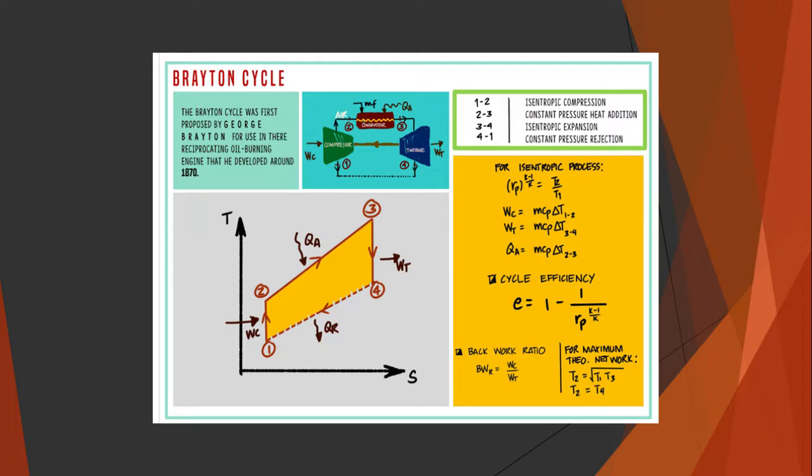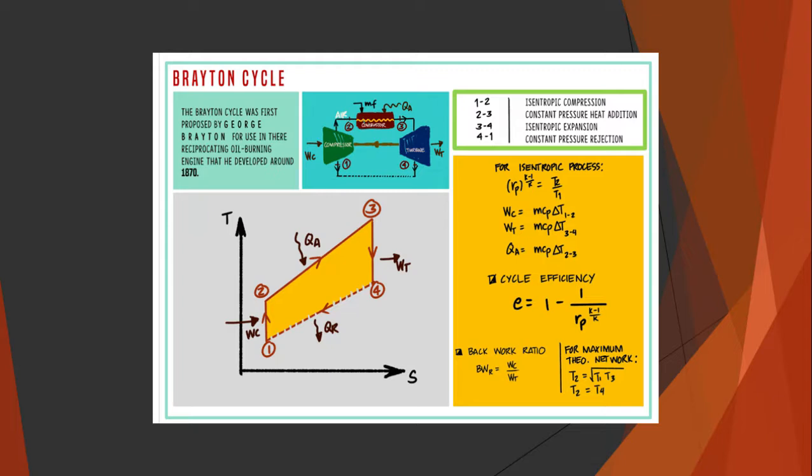Yan, so ito naman W sub T is same lang din siya pero naiba lang yung ating temperature. And yung ating heat added is yung ating namang mass times specific heat capacity times the change in temperature in processes 2 to 3.